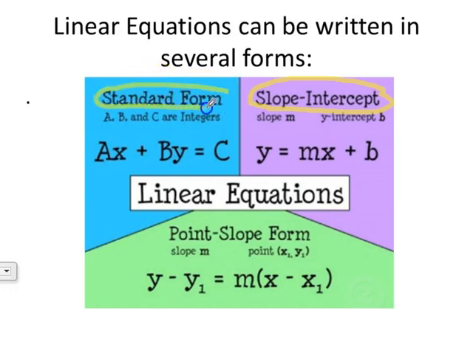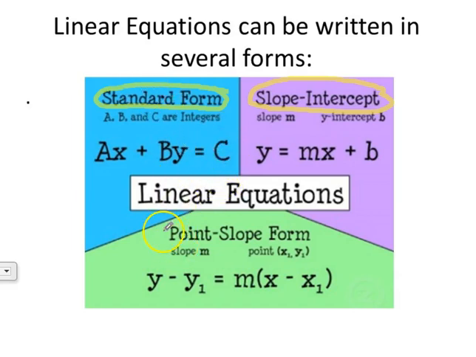There's also standard form, where it's written as ax, where a is represented by a number like 5x, plus by equals c. So really, for standard form, all of your variables will be on one side of the equation and all your constant terms will be on the other side.